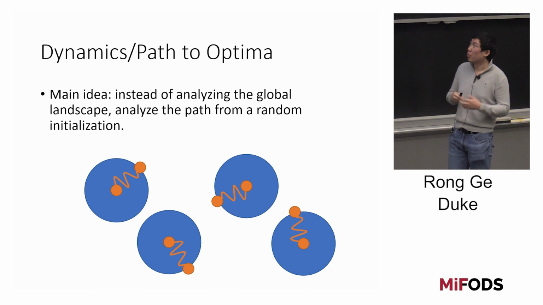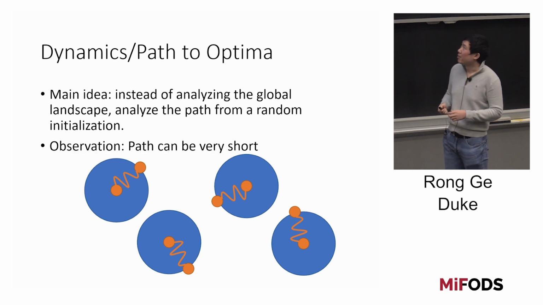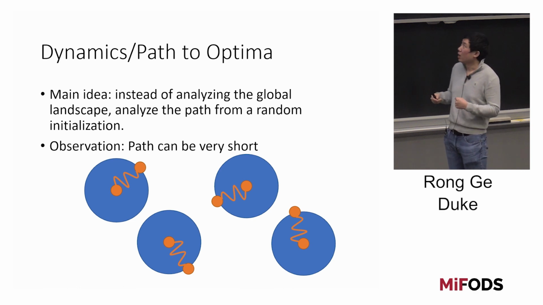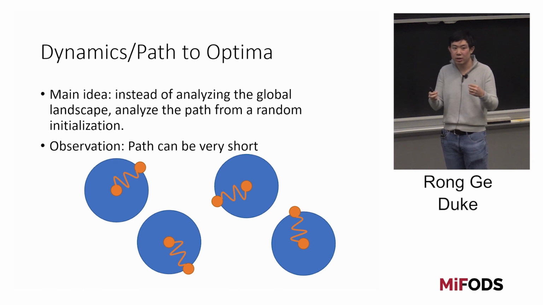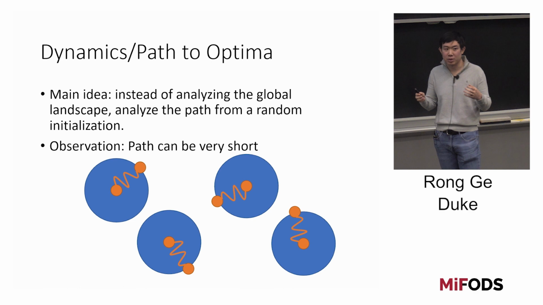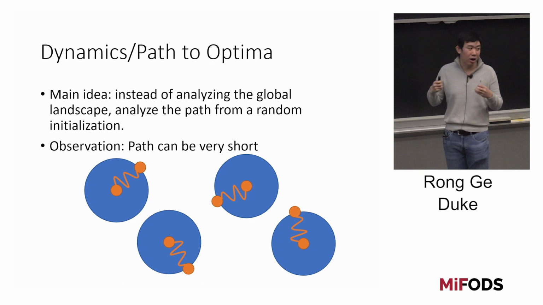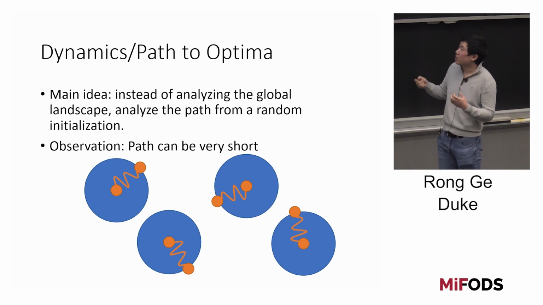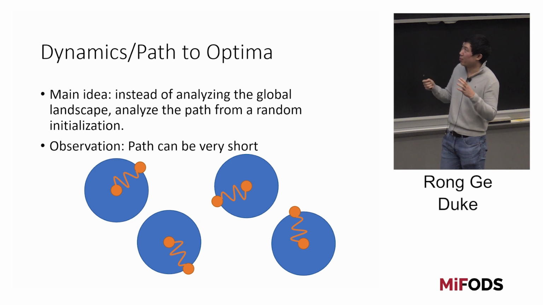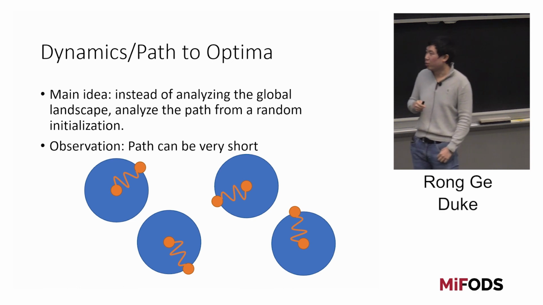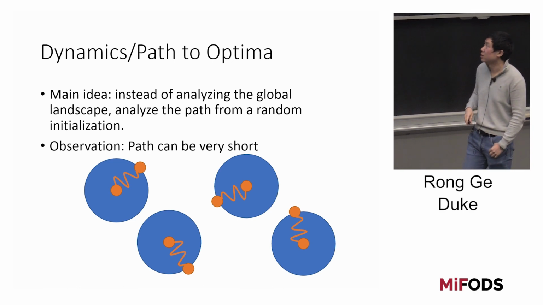The main observation that many of these works have is that, especially for overcomplete neural networks, there are locally optimal solutions almost everywhere. So no matter where you start, there is going to be a global optimal solution that's very close to where you start. So you can hope that these are very short paths. And if the path is short, then you can hope to prove some properties using the property of the random initialization, which is very useful if you want to avoid many degenerate settings.